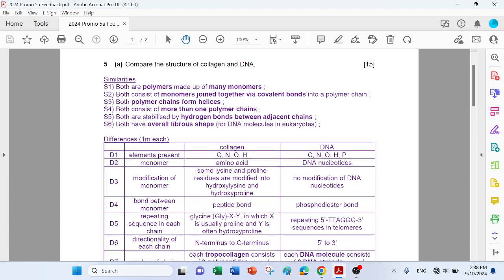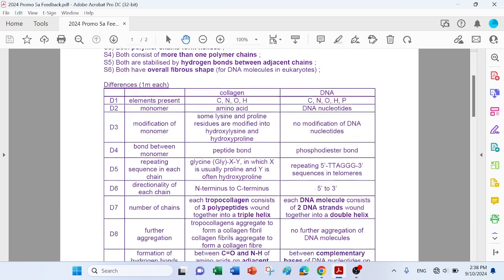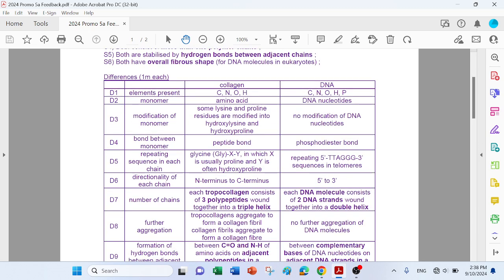Okay, move on to the differences. You can talk about the presence of different elements, but if you do that, I would expect all the elements to be shown. So for collagen, because of the amino acids, you have carbon, nitrogen, oxygen, hydrogen.